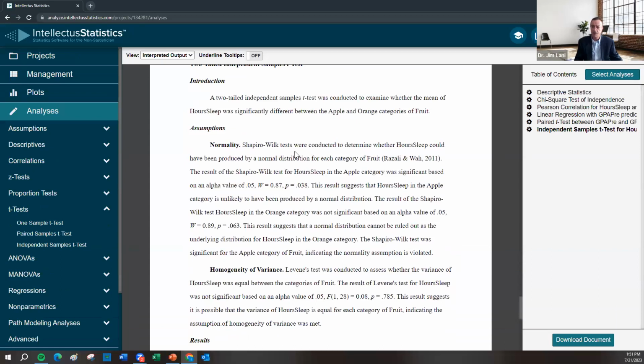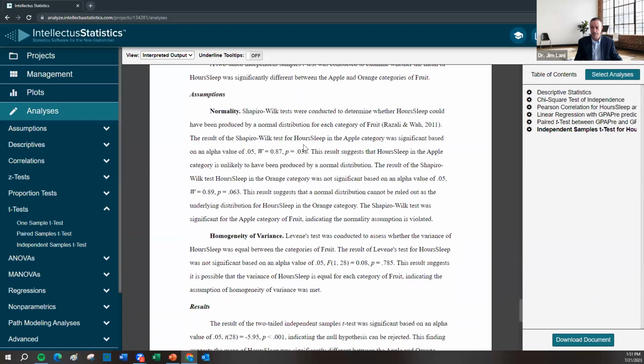There are assumptions associated with the t-test. The Shapiro-Wilk is a test that can assess the normality assumption; the tool automatically runs it and says whether or not it is violated.